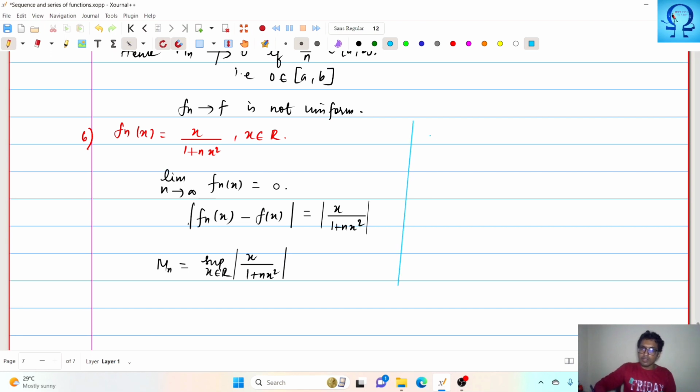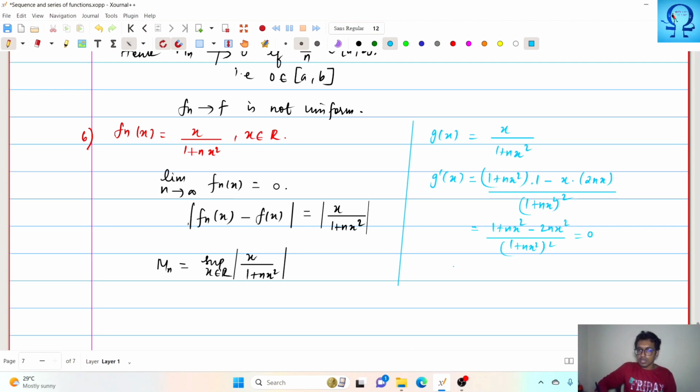Here the same idea we can implement. It is x upon 1 plus nx square. When we differentiate it, using the quotient rule, the numerator is 1 plus nx square minus 2nx square, over 1 plus nx square the whole square.